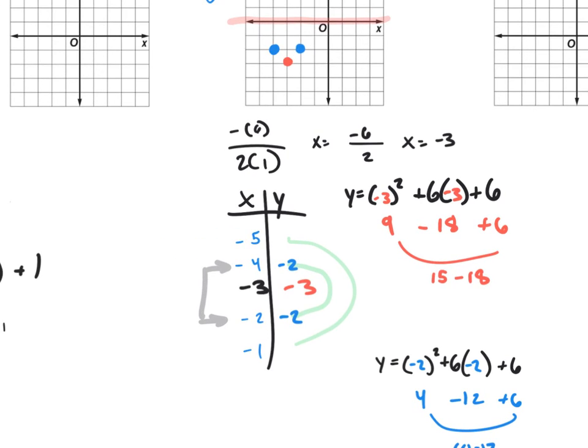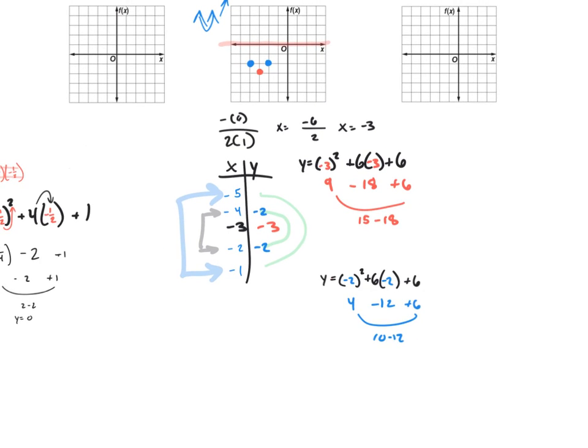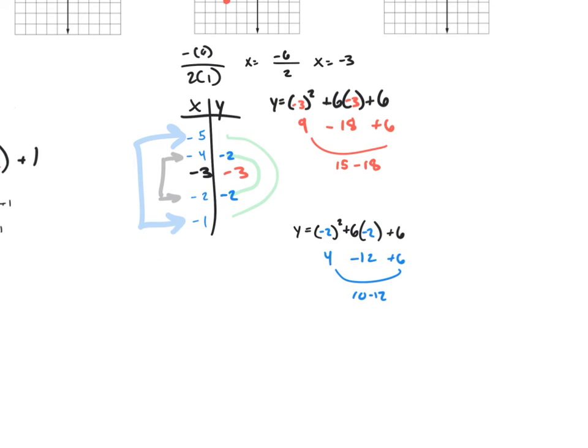And then now we could plug in either negative 5 or negative 1. I'm going to plug in negative 1 because it's smaller. Negative 1 squared is 1, minus a 6, plus a 6.